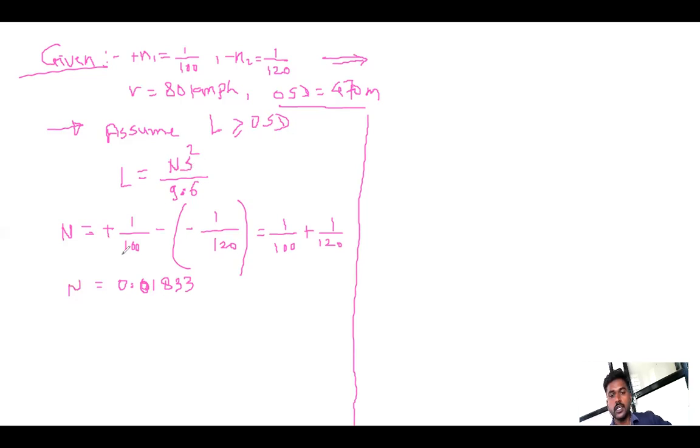Now, as S is given directly, the length of curve is equal to 0.018 into S square, that is OSD, 470 square, whole divided by 9.6.